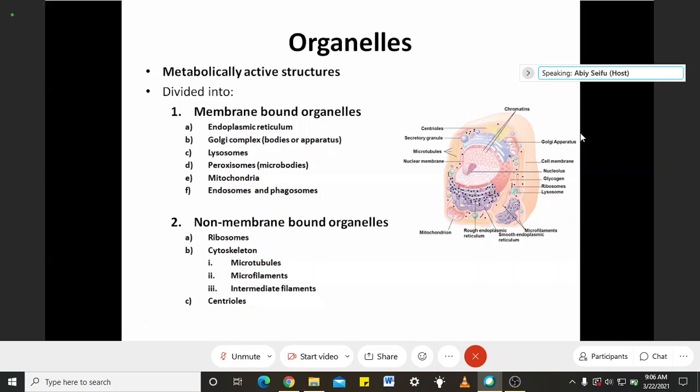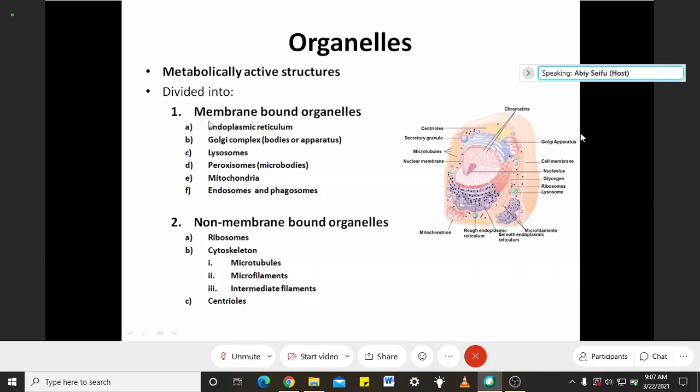Based on whether these organelles need their own room or not, we can divide them into those which are surrounded by membrane to have their own specific environment, the membranous organelles, listed here. And we also have other organelles which have no specialized environment, so they are not surrounded by their own membrane.